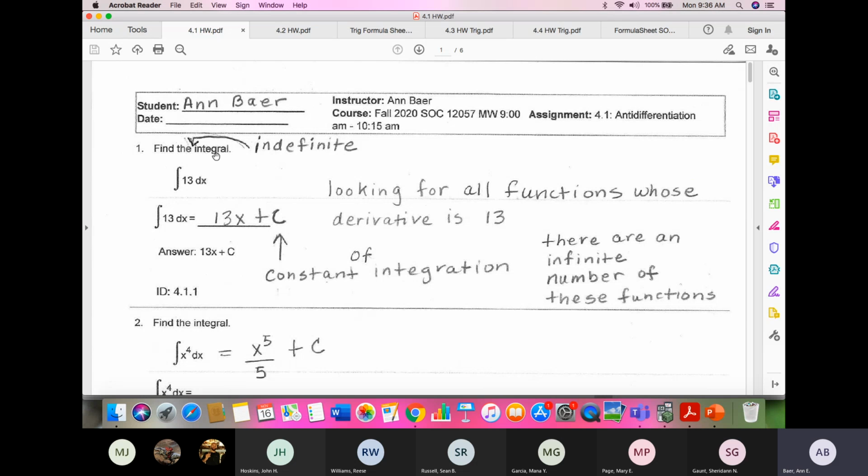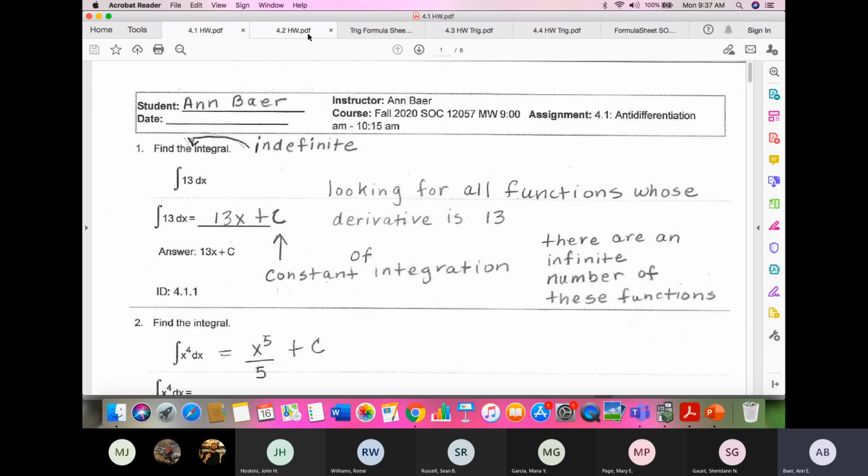So find the indefinite integral, and for each indefinite integral you will need to write down this constant of integration at the very end. This additive constant of integration, because you can generate an infinite number of these. There's 13x plus a real number, 13x plus another real number, 13x plus yet another real number. You can generate them forever and ever. And so we just put on one big constant of integration to indicate that.